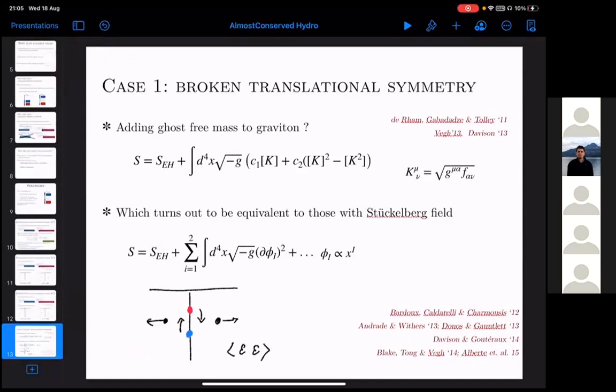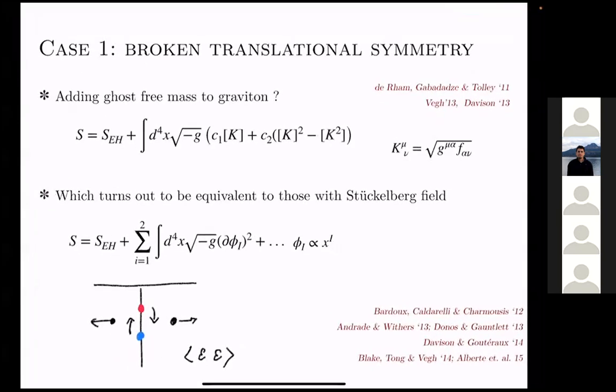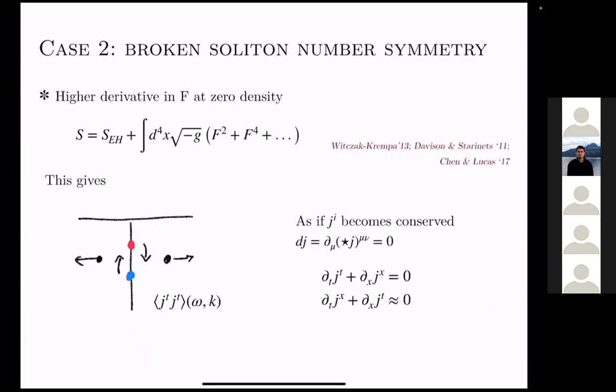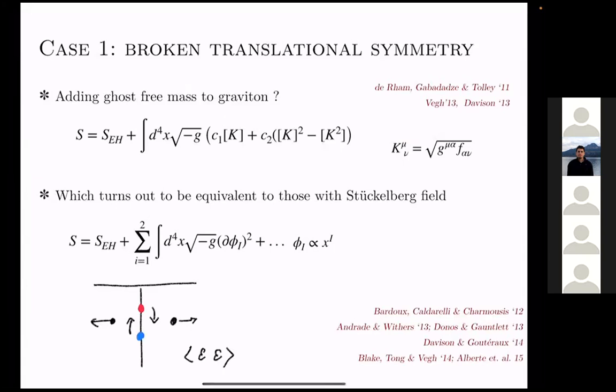Okay, so you first add this kind of mass term in the bulk, where this bracket K is the trace of the matrix K^mu_nu, which is the square root of g inverse times some matrix f, called the reference matrix.